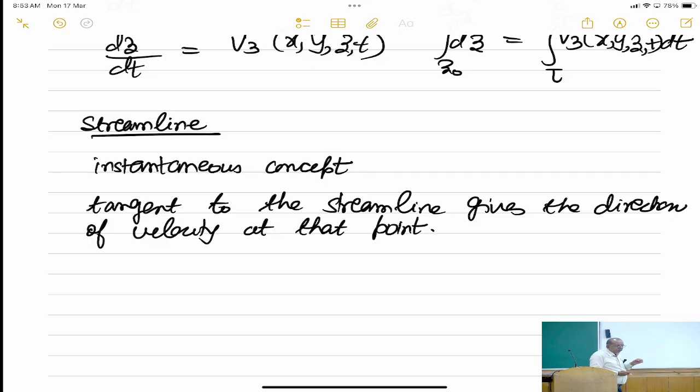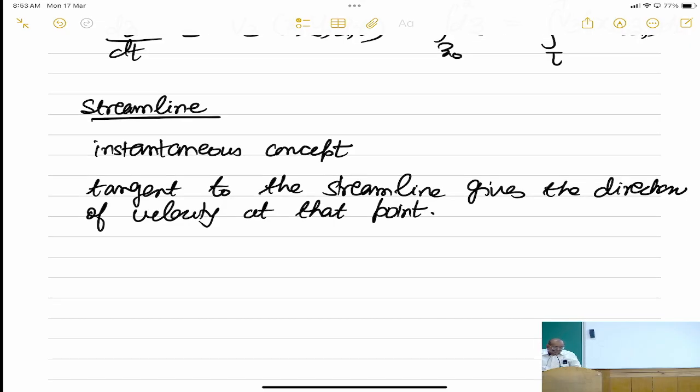If I have a flow and if there's something called a streamline, if I look at the tangent to the streamline, its tangent will give me the direction of velocity at that point. So this is very similar to magnetic lines of force. When you have magnetic lines of force, the tangent to the magnetic lines of force gives you the direction of the magnetic field.